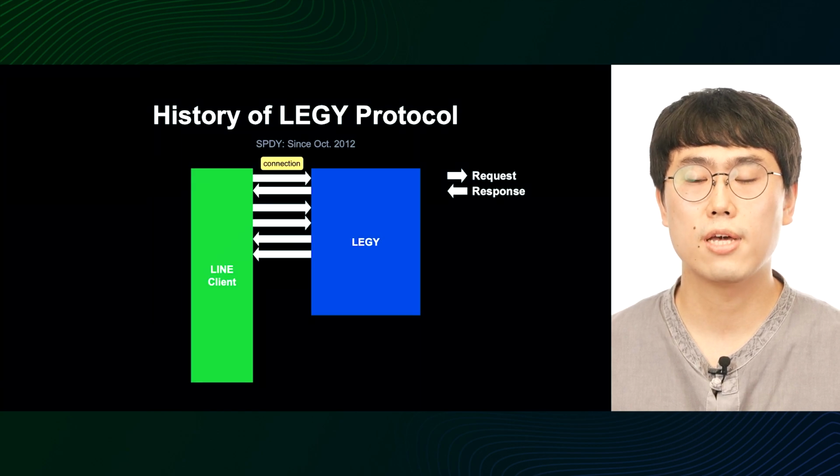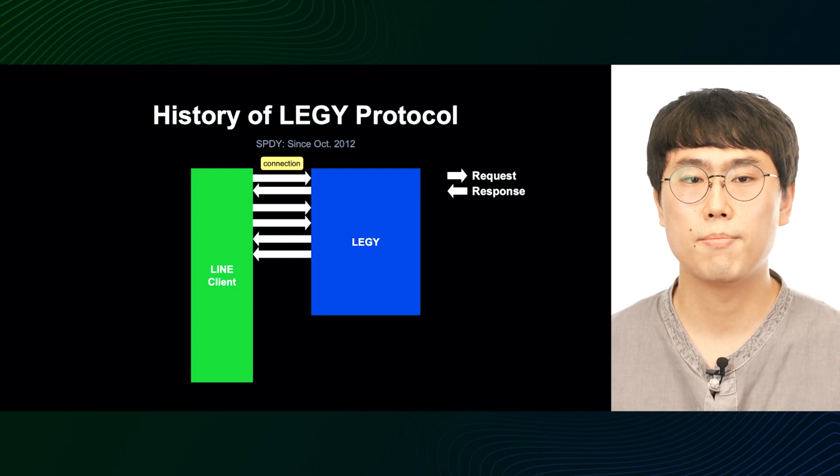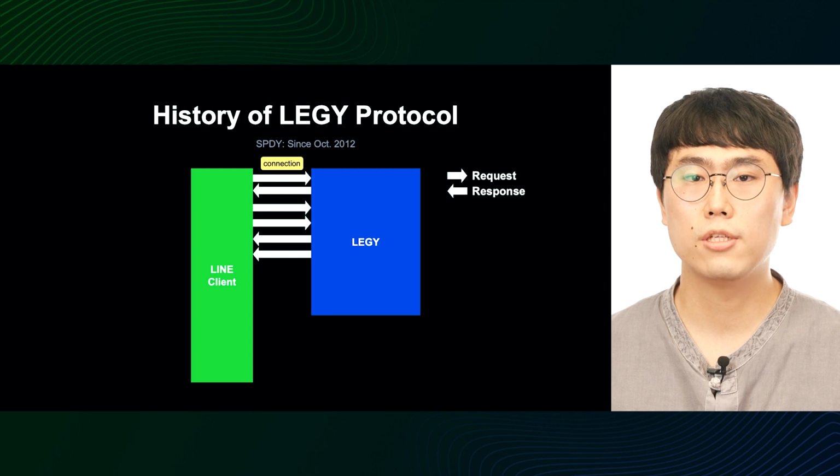Since the end of 2012, LEGY has started to use SPDY, which is the basis of HTTP2. Unlike HTTP 1.1, SPDY establishes one TCP connection and multiple requests and responses are multiplexed within a connection. Besides this, SPDY has more improvements over HTTP 1.1.